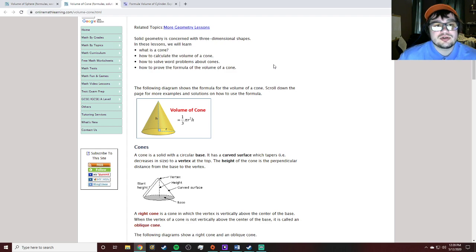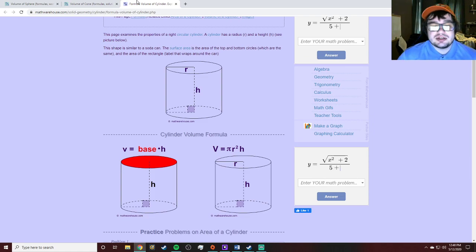And lastly is the cylinder, which is pi r squared times the height. Or what you will be seeing in later math classes, volume equals the area of the base times the height. But in this case, know that the base for cylinders is pi r squared.